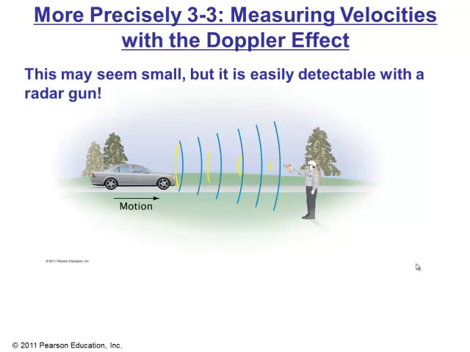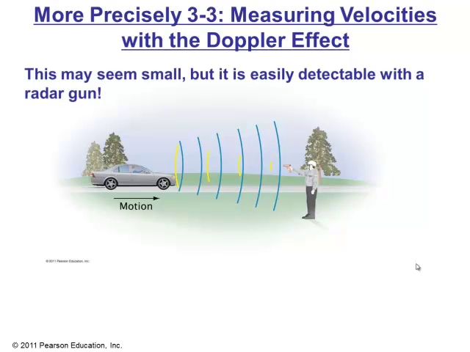So here is a more down-to-earth application, which you may or may not have experienced. In this picture, we see the police radar measures speed by means of the Doppler effect. That's what radar guns that are used to clock the speed of a pitcher's fastball would do, for example. And there are several other applications for this.